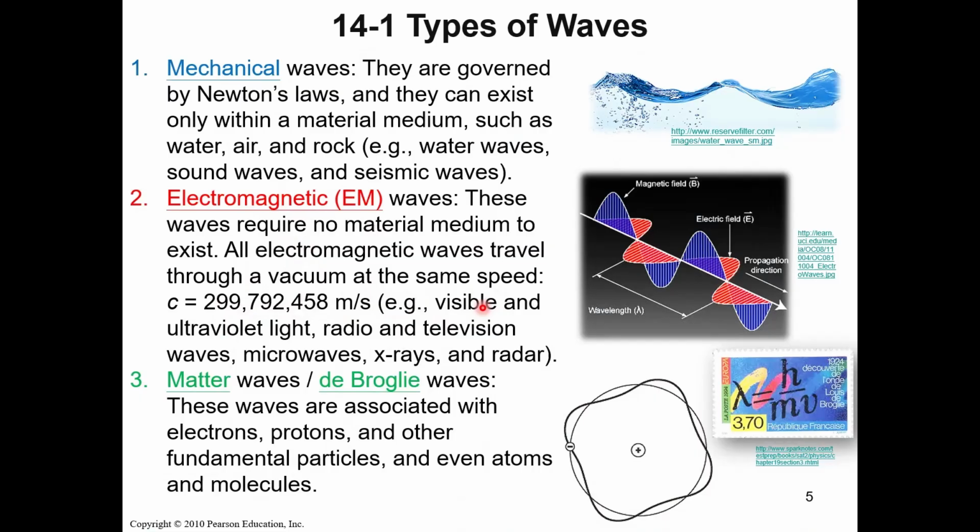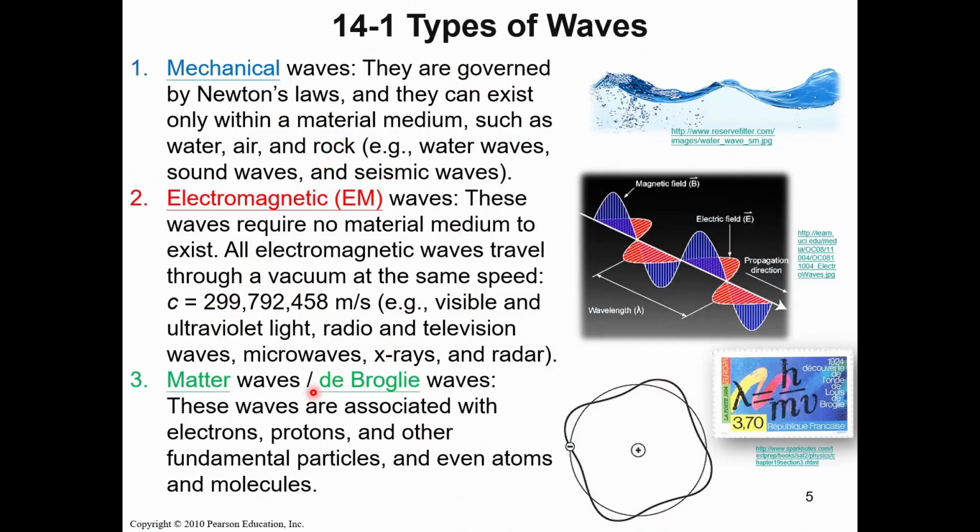And then beyond visible light, there's ultraviolet light, there's infrared light, there are radio waves, television waves, microwaves, X-rays, and radar, and those are just different electromagnetic waves with different frequencies and different wavelengths, but they share the same speed, and the speed is about 300,000 kilometers per second. Basically, those are two kinds of waves that people know very well.